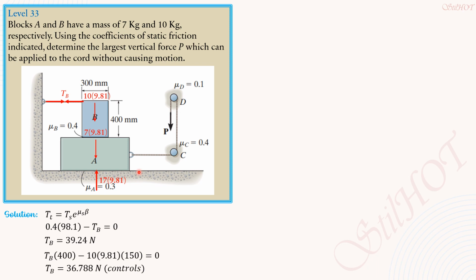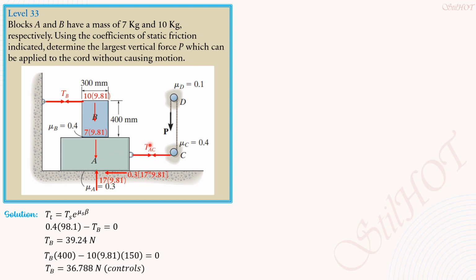Then the maximum frictional resistance is the coefficient of friction 0.3 times the normal 17 times 9.81. It should be leftward. So 0.3 of 17 times 9.81, coefficient of static friction times normal. Then call this tension AC.